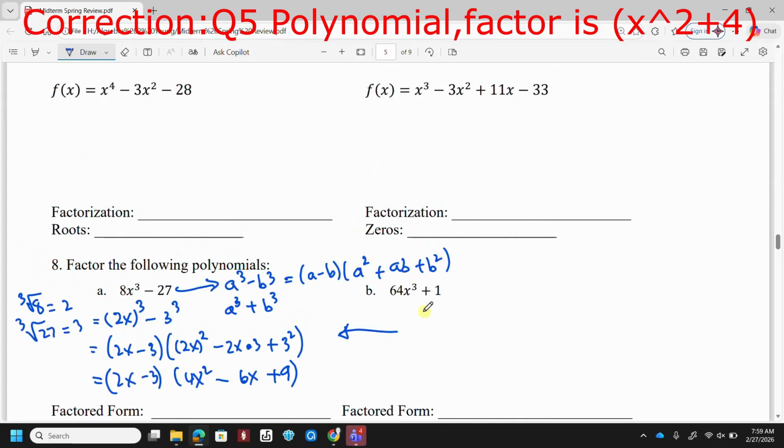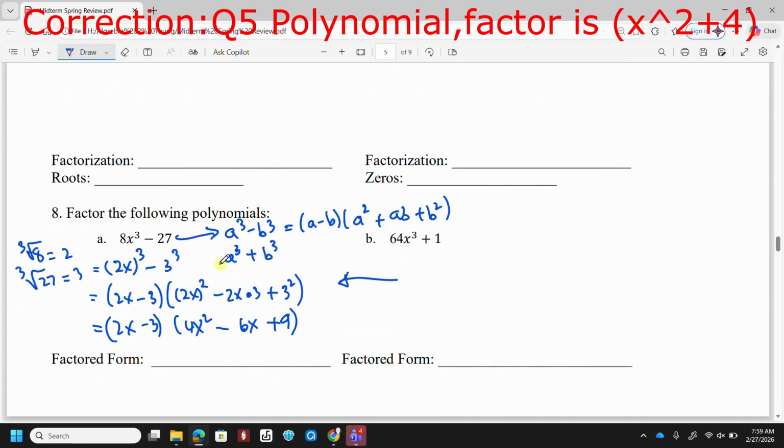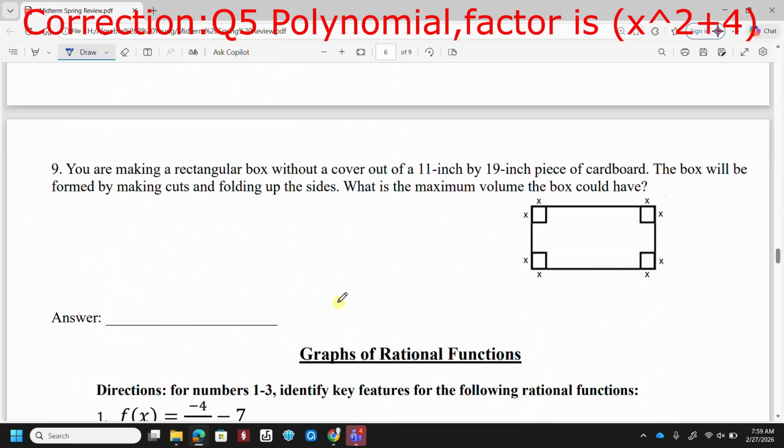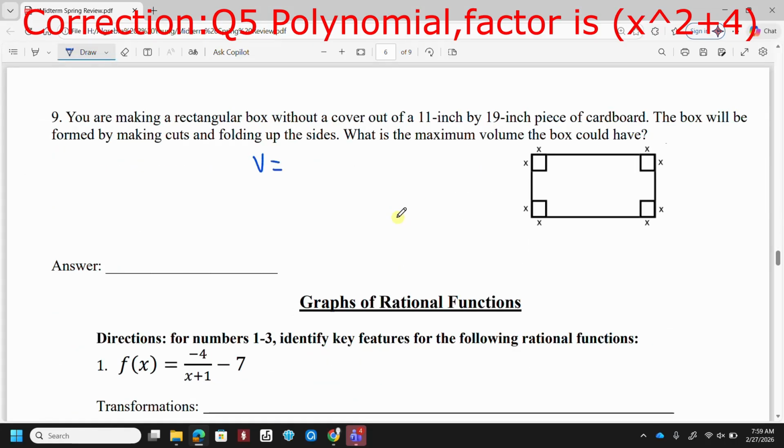You do it yourself. Okay, trying to do it. The volume is the height times the width times the length. So when you fold it up, you're going to have the box look like this. When you cut the four corners out and you fold it, the height is going to be x.